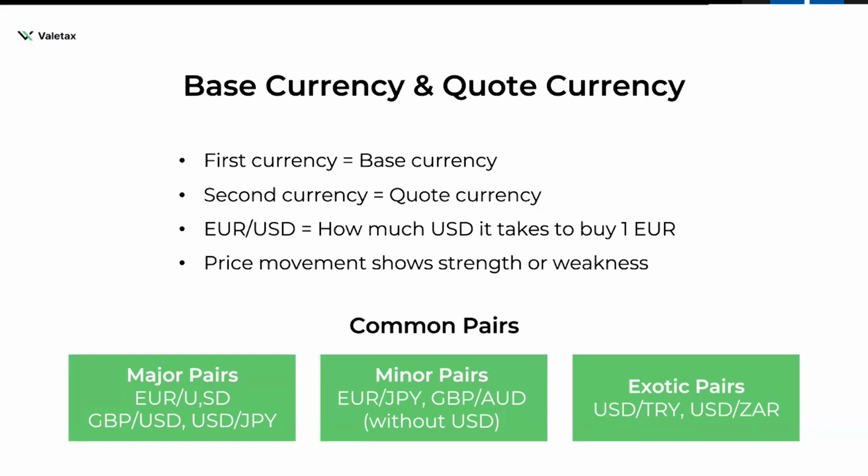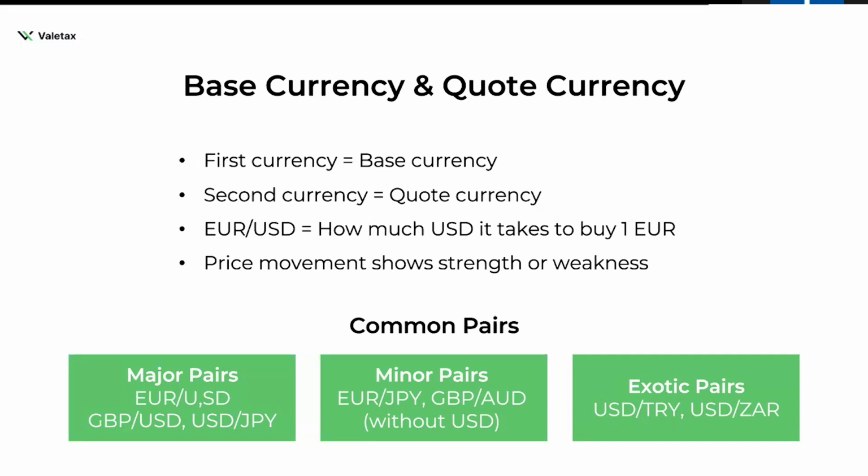Now, exotic pairs are pairs with countries of most likely growing economies, which are growing massively in terms of trades, businesses, and exchanges, and the USD is the base currency against those pairs. We refer to them as exotic pairs. So we have things like the USD Turkish Lira, which is the TRY.